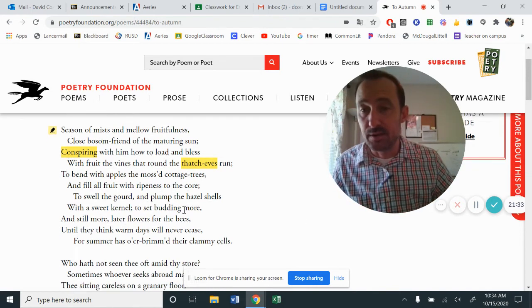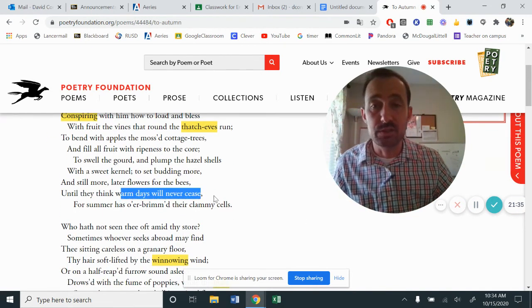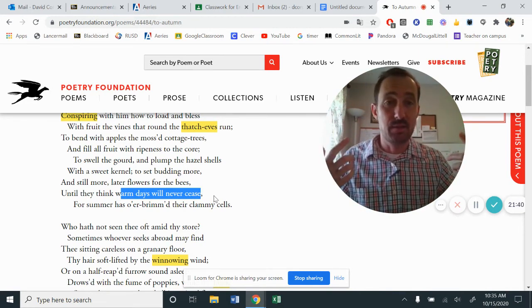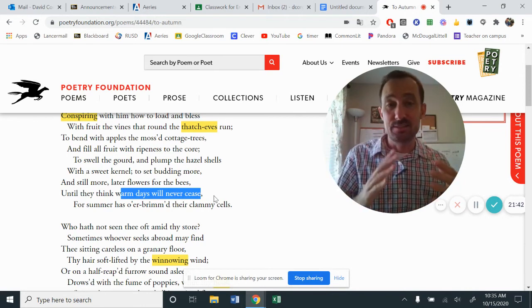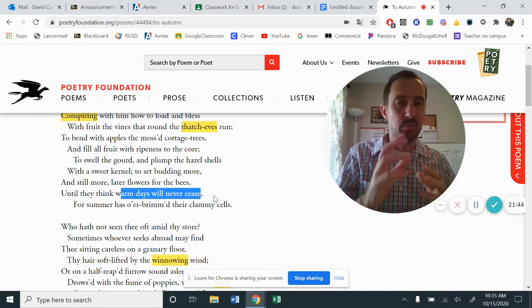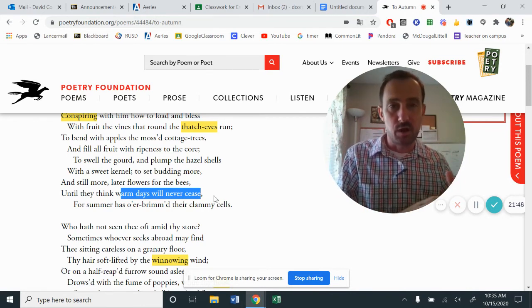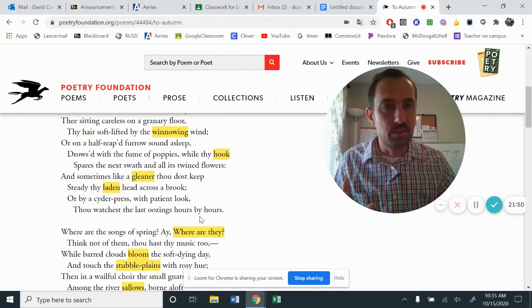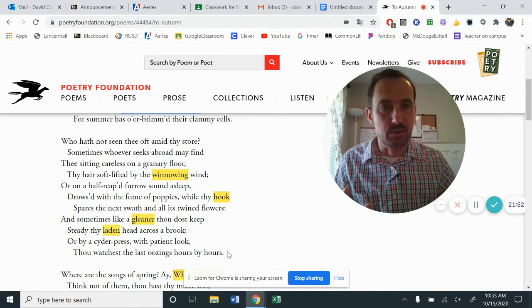I would identify also warmer days will never cease. We get into that idea that summertime will always be summertime until we realize that the sun sets and it gets cooler at night, and then we begin to move into fall and winter. So looking at those components, you want to find a piece of textual evidence.